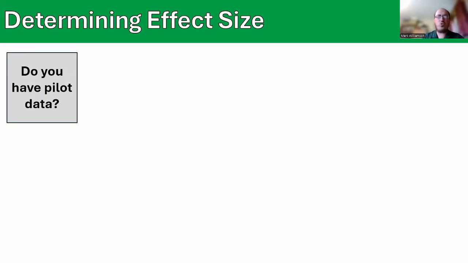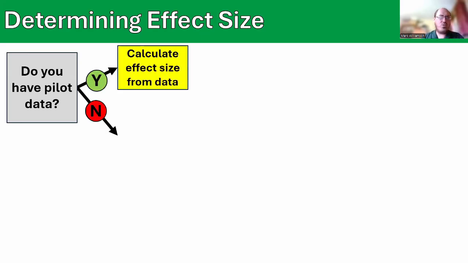So I have a bit of a flow chart of how to find that information. First question you might ask is, do you have pilot data? Did you run a small pilot study and now you want to do a bigger study? If yes, that would be the gold standard. Then you can calculate effect size from data. For a t-test, you just need the means of your two groups and the standard deviation. You'd be good to go.